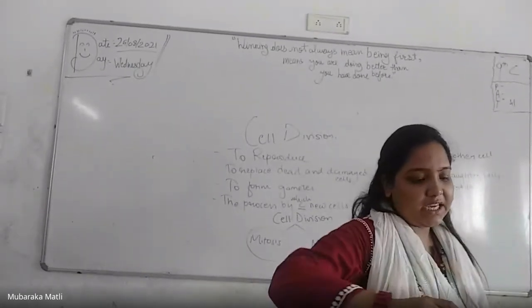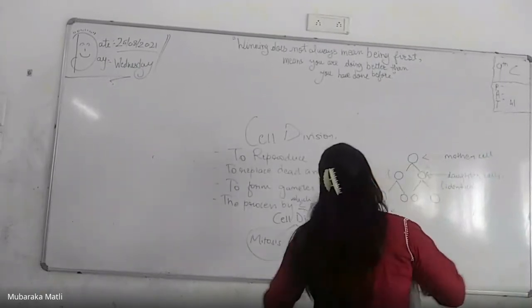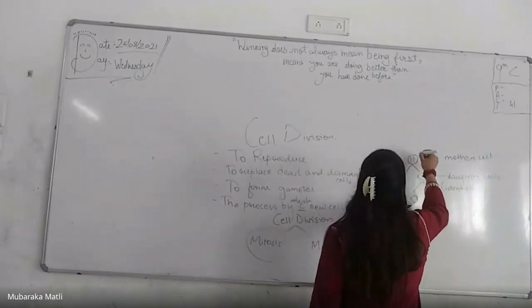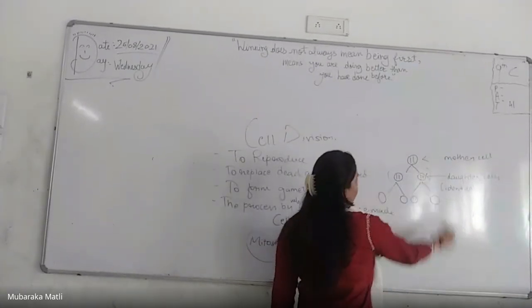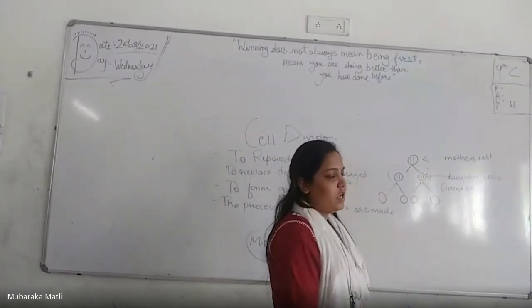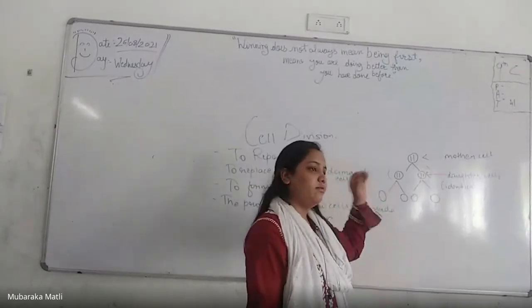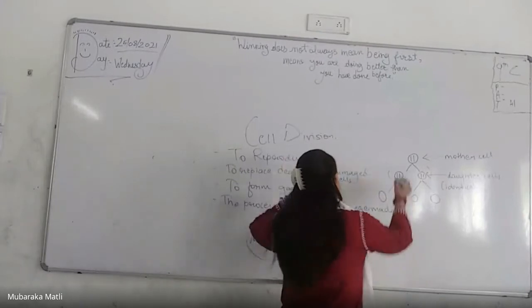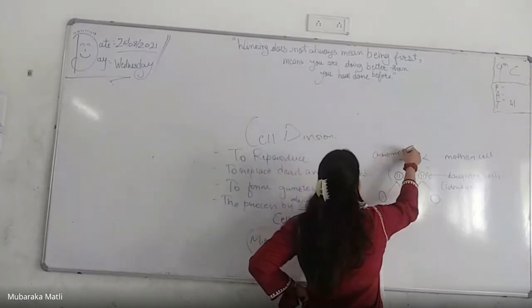The daughter cells have the same number of chromosomes as the mother cell. For example, if this cell has 2 chromosomes, then the daughter cell will also have 2 chromosomes. I am saying if and suppose, okay? Don't take this literally. I am just explaining to you. What are chromosomes?